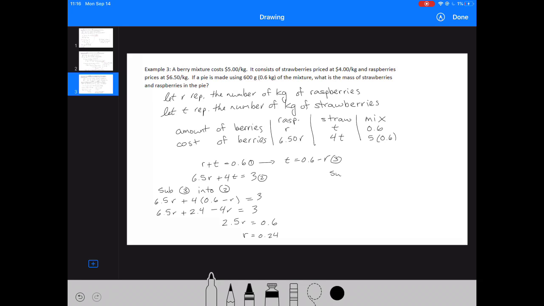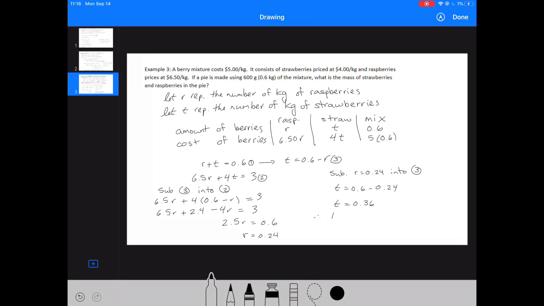So now I've got my amount of raspberries in the mixture. So I'm going to sub that value into my equation 3, which is really my equation for T, 0.6 minus 0.24, and that's going to give me my amount of strawberries.